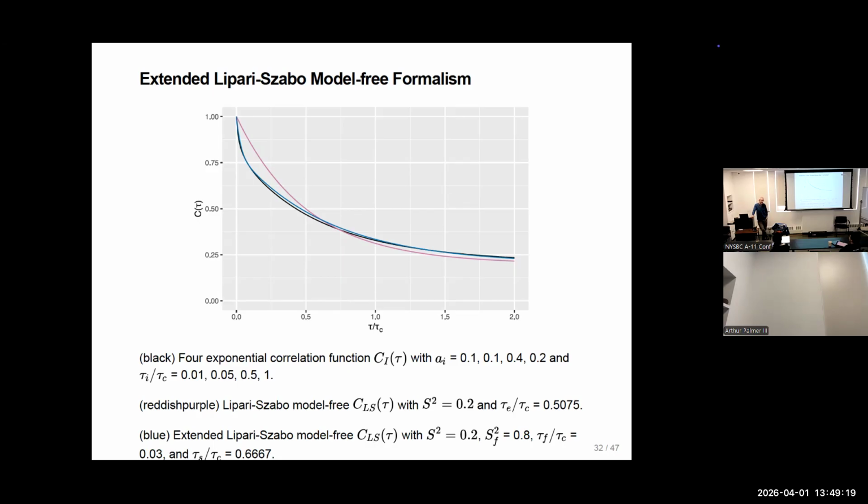So this 2 exponential equation plus overall tumbling is enough to fit most high field data. Fabien Ferrage in Paris has rekindled interest in relaxometry, trying to go to much lower fields. And the point of that is to actually get out of this 1 over omega squared regime, to get to the part of the spectral density function where it's rolling over and starting to become flat, in the hopes that there's more information available there.